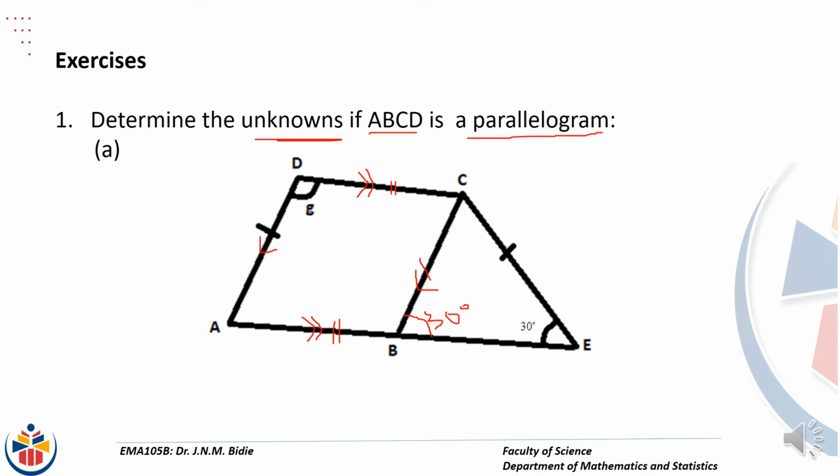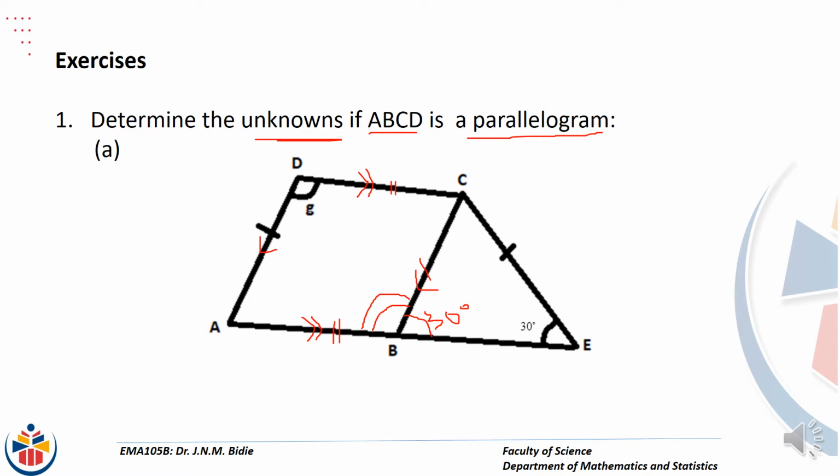So now that we have this 30 degrees, we can determine angle ABC using angles on a straight line. So 180 minus 30 degrees will give us that angle to be 150 degrees.